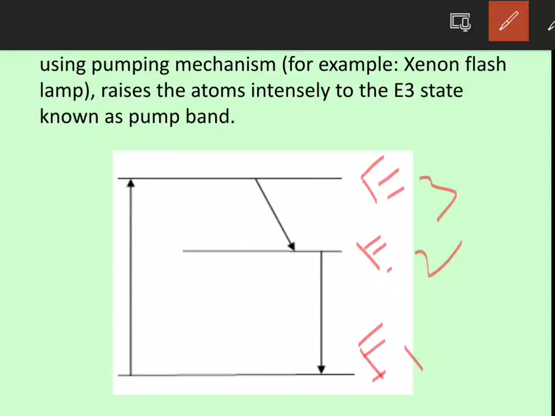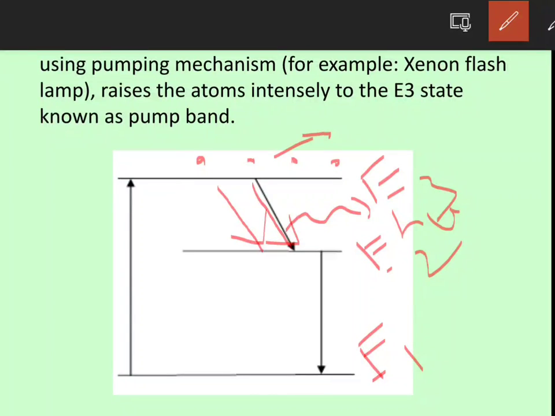Atoms in the excited state E3 can easily jump to the E2 energy level because their lifetime is very small. Although a photon of energy h nu could be released, in this non-radiative transition the light is ordinary light, because this is a spontaneous emission case.